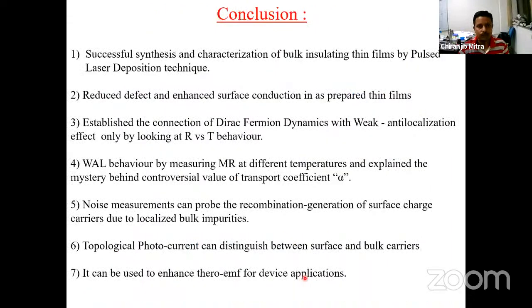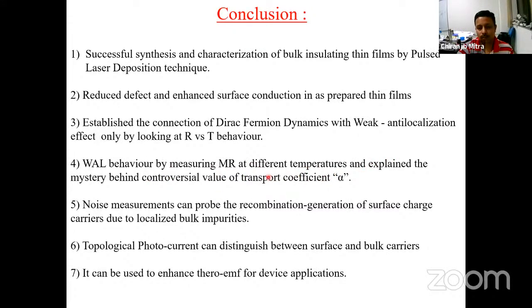Okay. So, successful synthesis and characterization of topological insulator thin films by PLD reduced defects and enhanced surface conduction in the as-prepared films. We established the connection of Dirac fermion dynamics with weak antilocalization just by looking at R versus T behavior. From there, we were able to find the separate contributions of surface and bulk to weak antilocalization in MR at different temperatures.